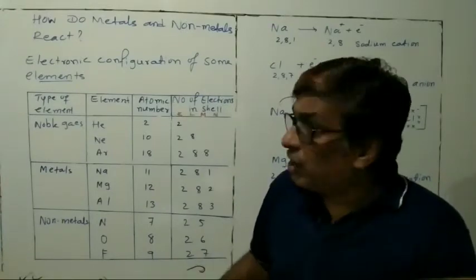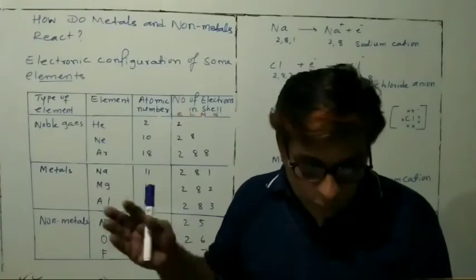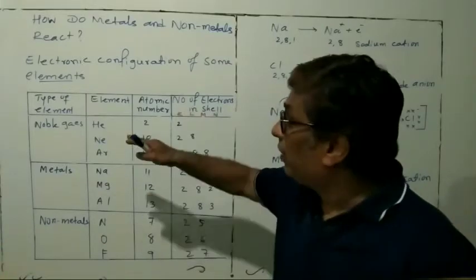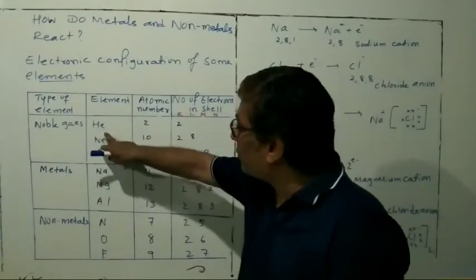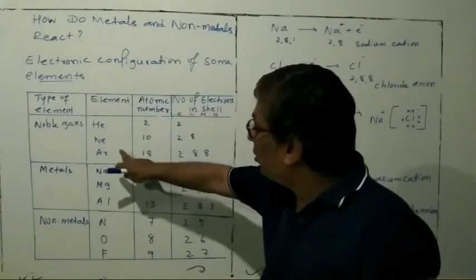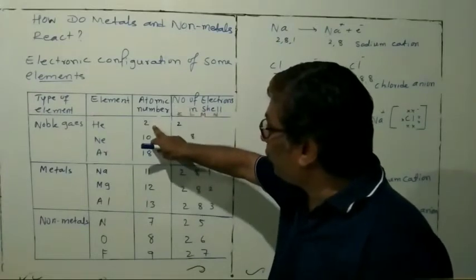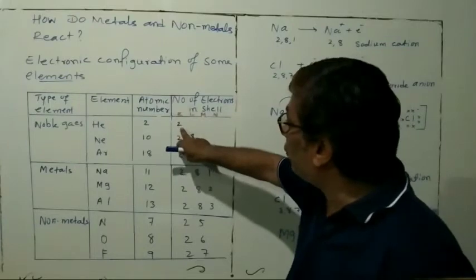Let us understand with the electronic configuration of some of the noble gases and some metals and non-metals. See here I have written noble gases: helium, neon, argon, with atomic numbers 2, 10, 18. Here the outermost orbital is the K shell with 2.